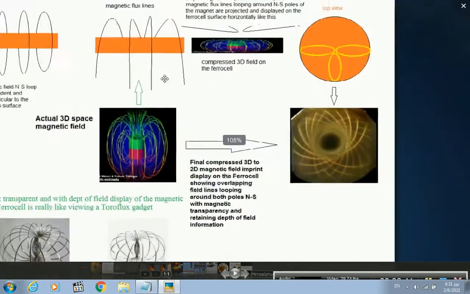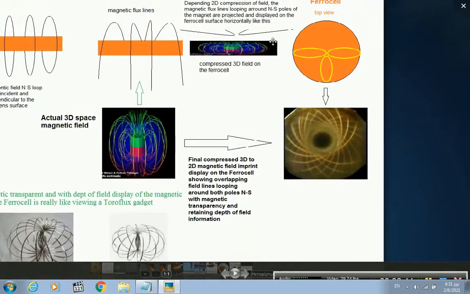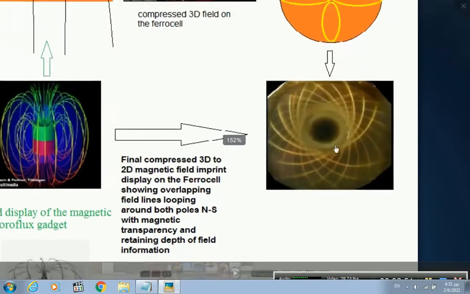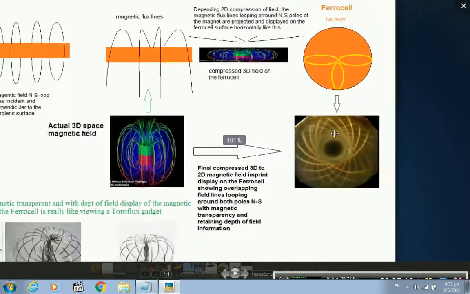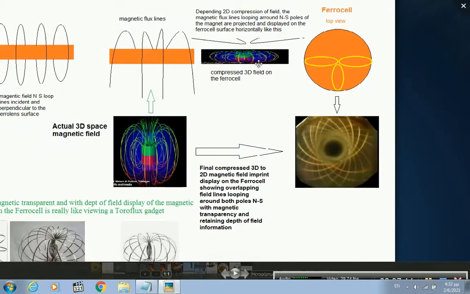And now because the lines here are projected horizontally on the surface, you can understand how we see the final image of the pole of the magnet of the cell, which is actually both poles. We see the fields, the loops going around both poles. So here is the top view, here is one magnet, and below here is the field of the other, and the flux lines of the other pole of the magnet.